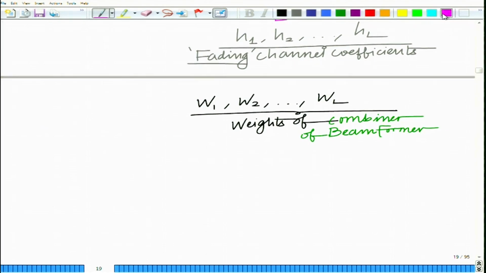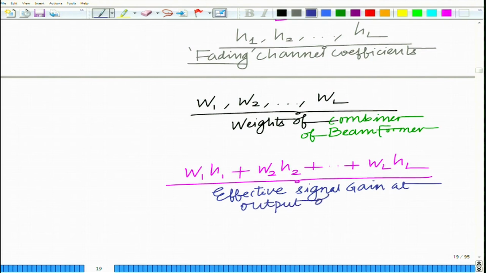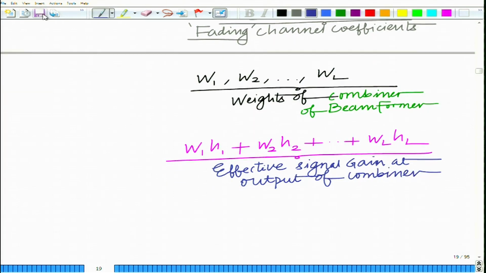What we are performing is we weigh the received signals and add them. So, we are performing a linear combination of the signals, and therefore the effective signal gain at the output of the combiner will be the weights times the corresponding channel coefficients, summed.